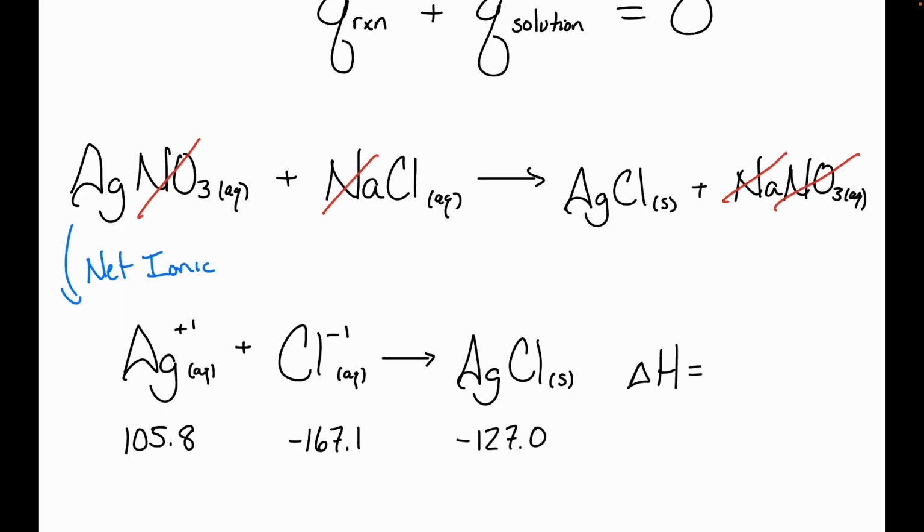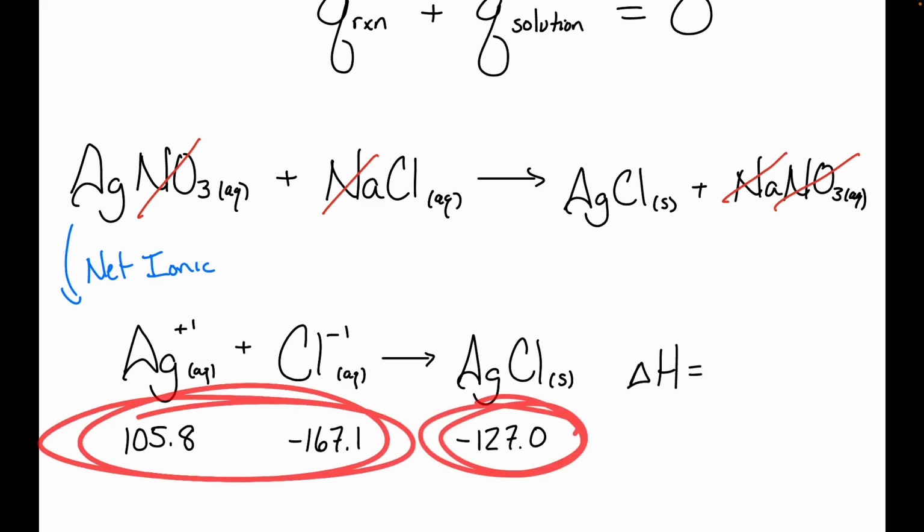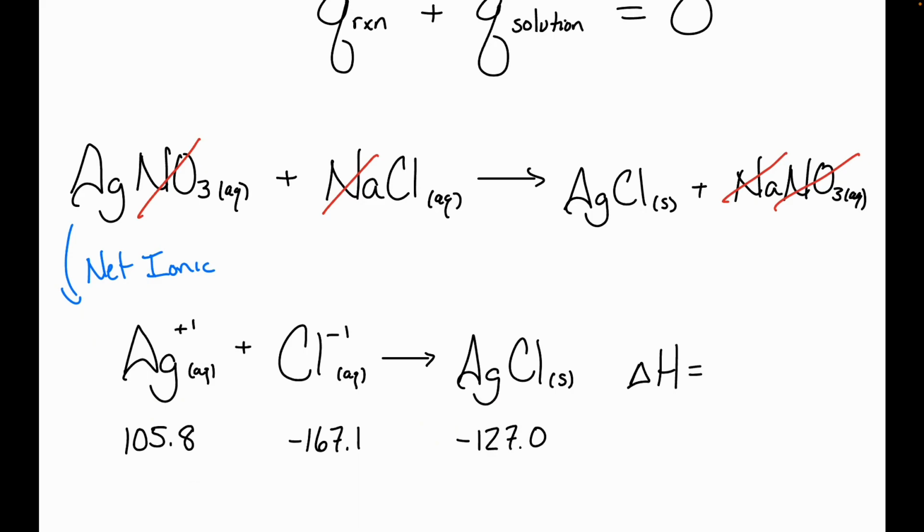All right, to get my delta H, I need to do my products minus my reactants. Right, the sum of my products minus the sum of my reactants. And I get a value of negative 65.7 kilojoules per mole.